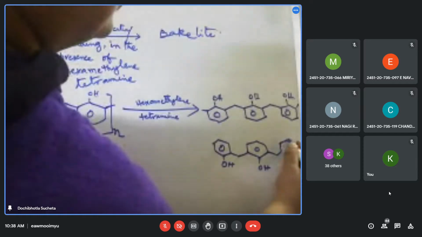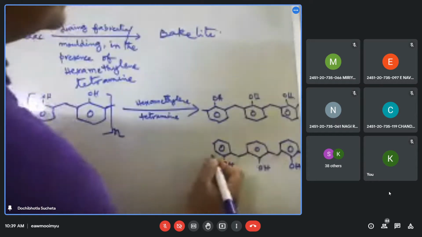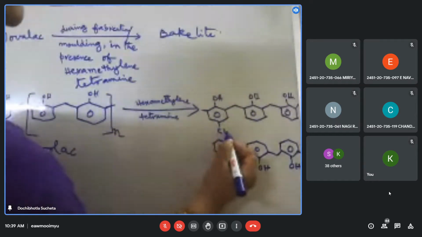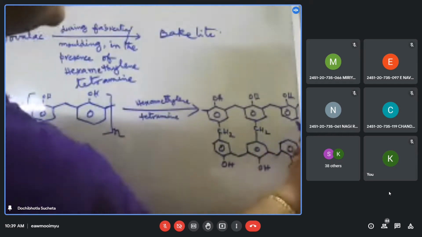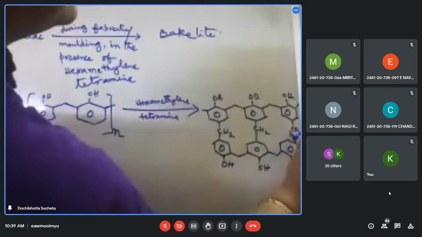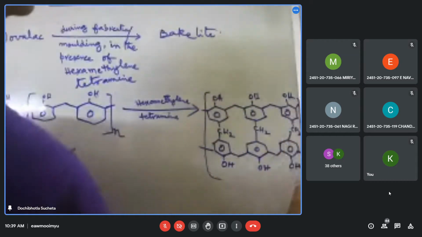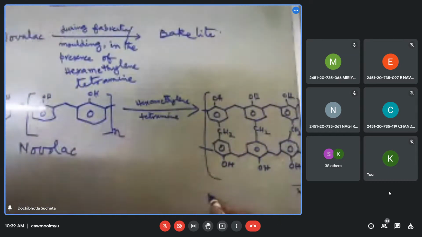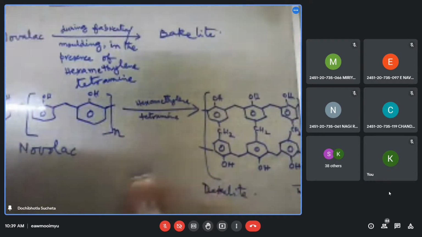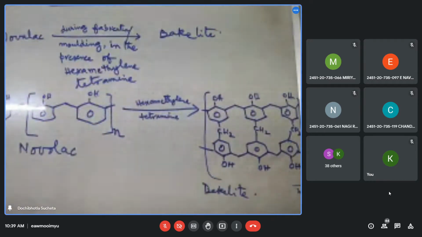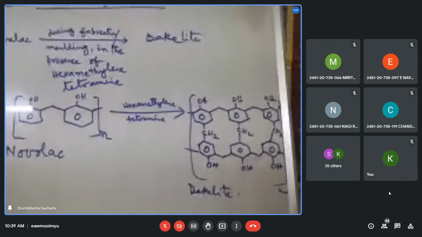Then I attach these two with CH2 groups. That's the structure of Bakelite. That is Bakelite. I hope you got confidence.